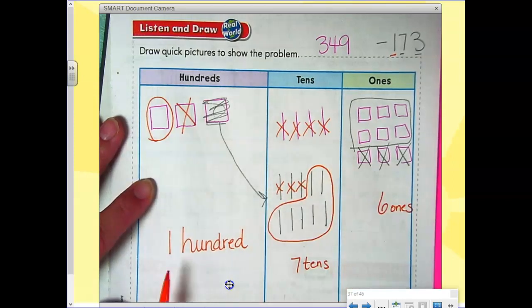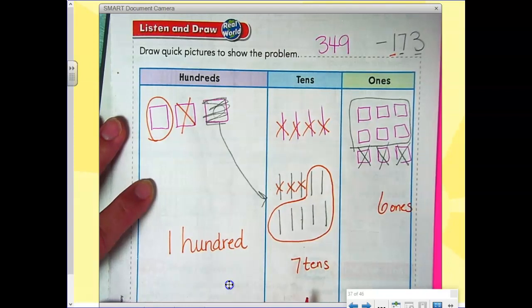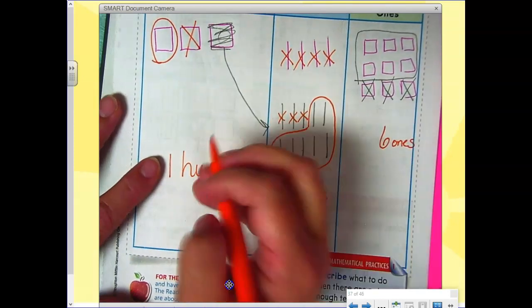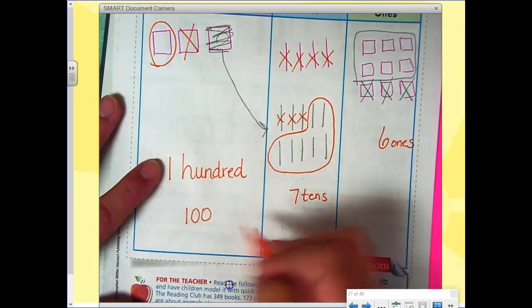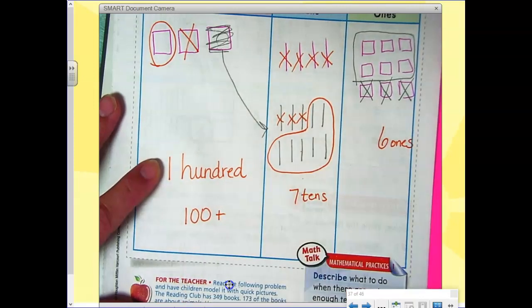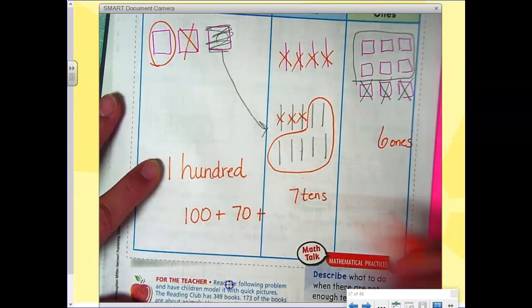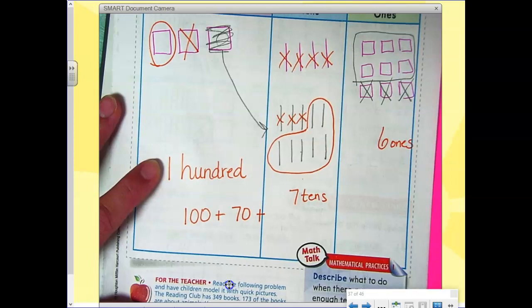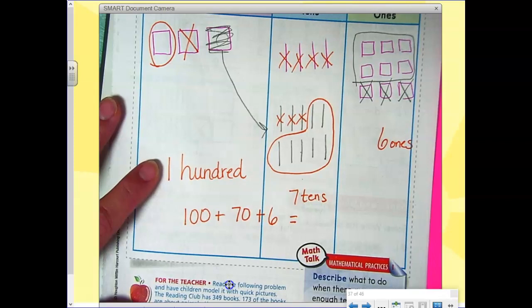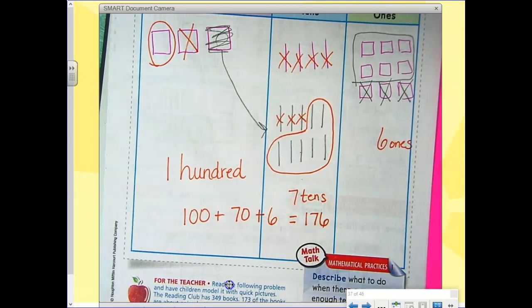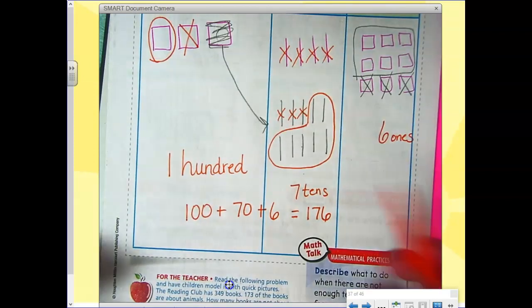All right, so I have 100, 7 tens, and 6 ones. 100 plus 7 tens is 70, plus 6 ones is 6. What's my number? 176. So the number of books that are not animals is 176.